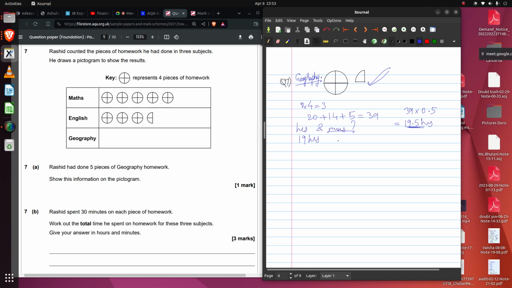And how many minutes? See, 0.5 means half. So 19 hours, plus 0.5 hours. How many minutes is 0.5 hours?